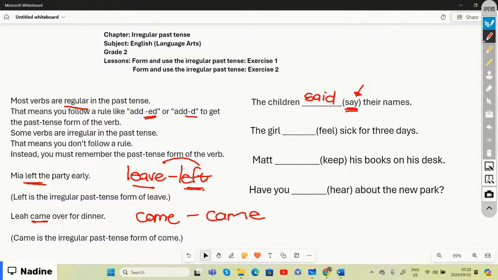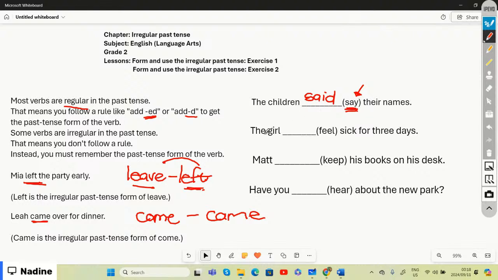We cannot say remove the Y and put the I. With irregular past tense, you cannot follow any rules like we did with regular past tense, because the wording changes. Here we say the children say their names, but in the past tense, the children said their names.